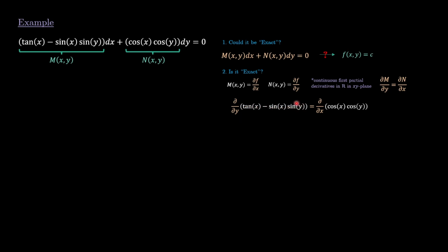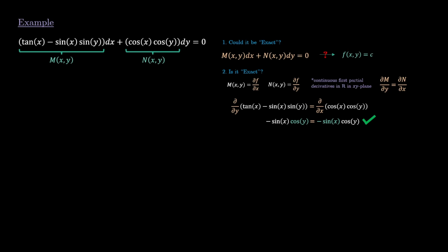And on this side, you can think of the sine x as a constant next to this function, so essentially we're just taking the derivative of sine y. So we get the following. Now on the right side, we're taking the derivative with respect to x. So now the cosine y gets treated like a constant, and essentially we're just taking the derivative of cosine x. So it becomes negative sine x cosine y. We see that both sides are equal, so this equality holds, and indeed this equation is exact.